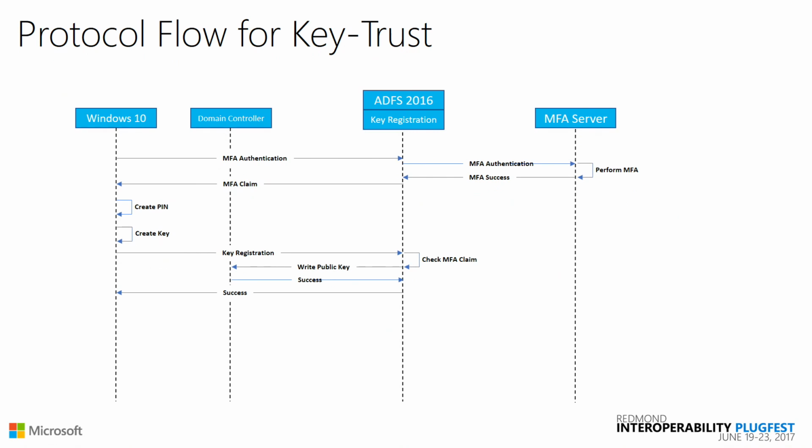The MFA server needs to have the information to do the second factor authentication, for example to know my phone number. It is connected to the internet, and it talks to Azure to get that accomplished.